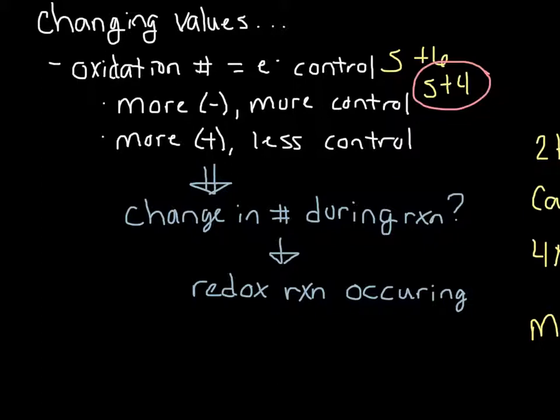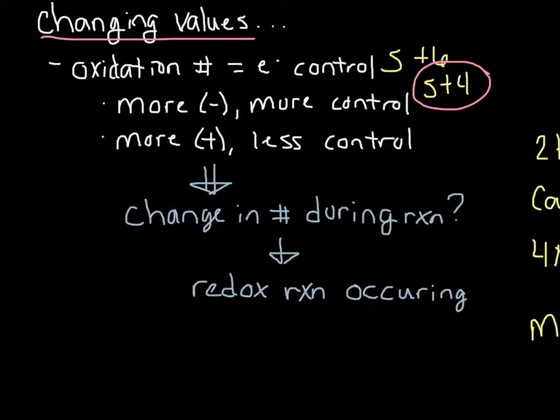Now we've been looking at just what's happening in the compound itself and identifying oxidation numbers, but what's going to occur within a reaction? In a reaction, you're going to see potentially a change in the value of the oxidation number. So if you change the oxidation number during a reaction, you have a redox reaction occurring.